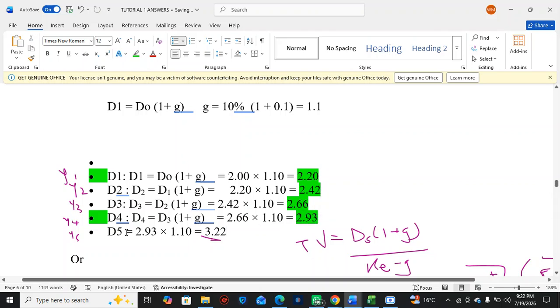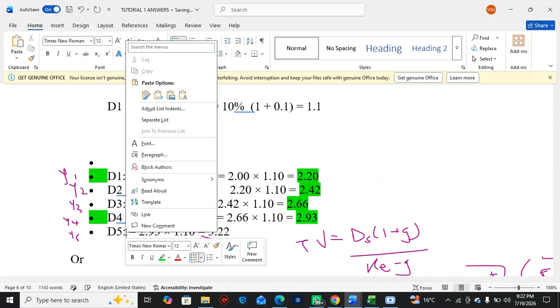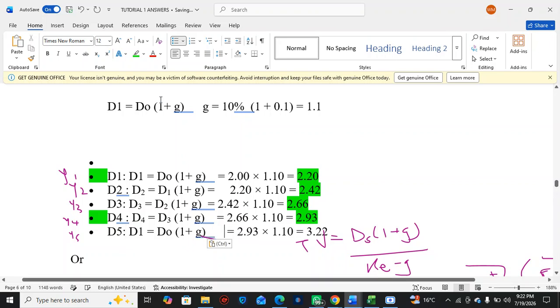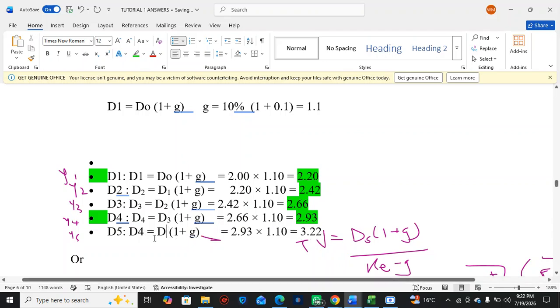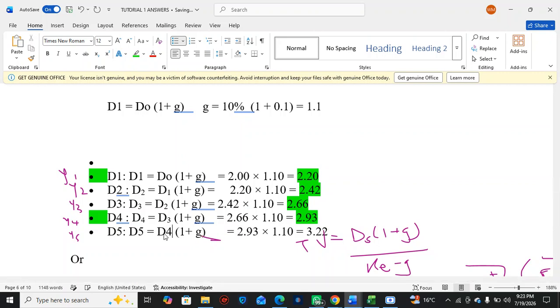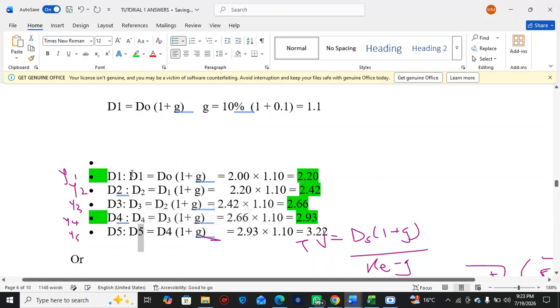So in year five, this 2.93 is going to grow by 10%. So the dividend for year five, D5, equals D4 multiplied by the growth factor.